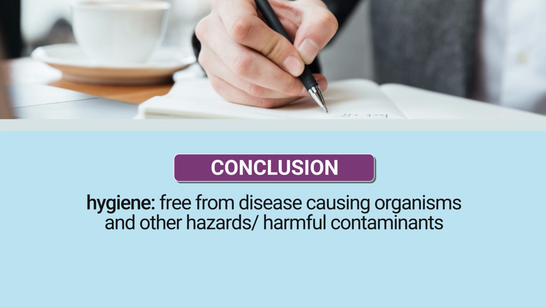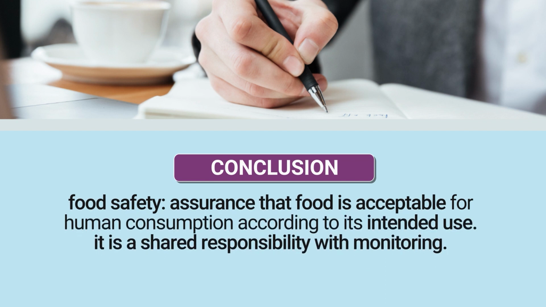Hygiene is very important, and food should be free from disease or harmful contaminants. It is directly related to foodborne diseases and food safety. Food safety, as we define it, is an assurance that food is acceptable for human consumption according to its intended use. It is a shared responsibility with monitoring.